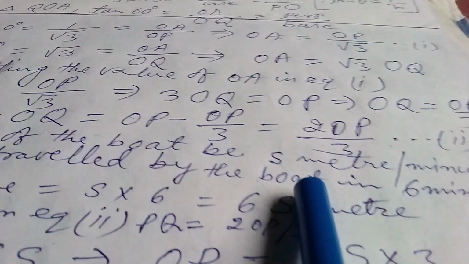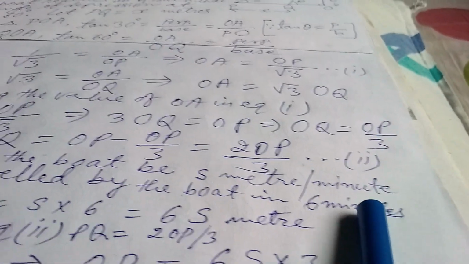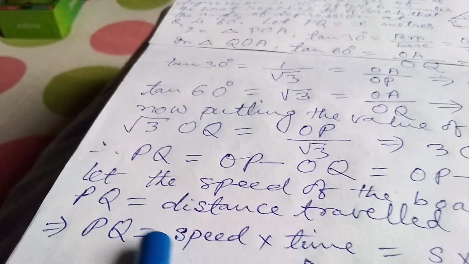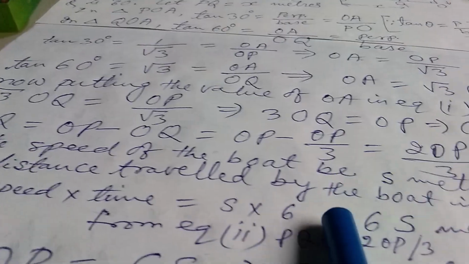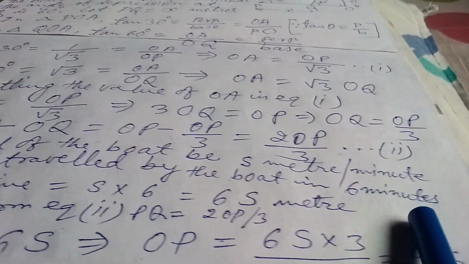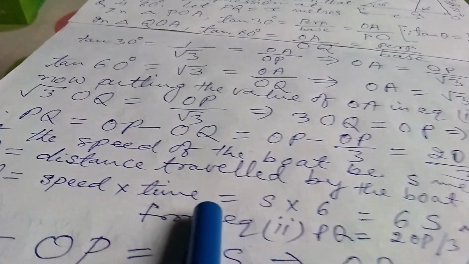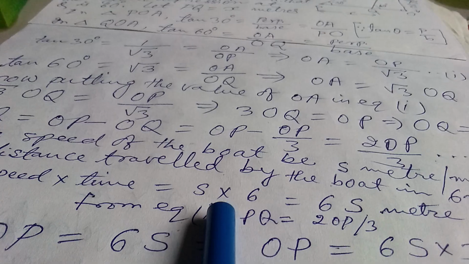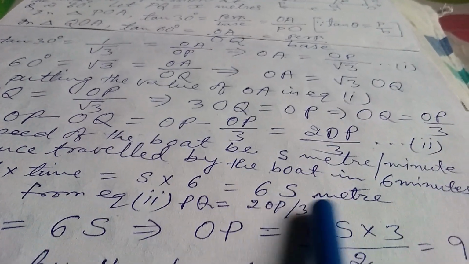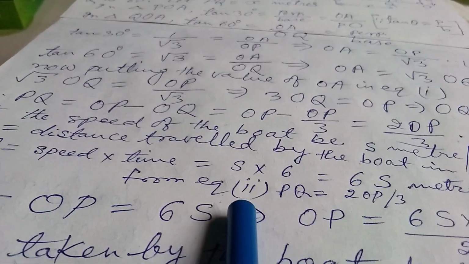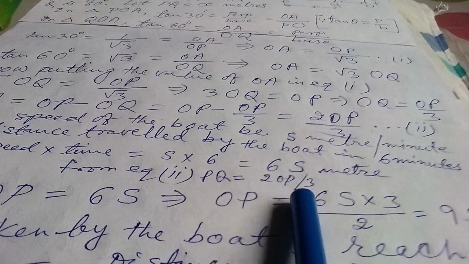And let the speed of the boat be s meters per minute. So PQ equals the distance traveled by the boat in 6 minutes. And you know that distance equals speed into time. Speed is s, we have supposed, and time is 6. So 6s meters. So from equation 2, PQ equals 2 OP by 3.